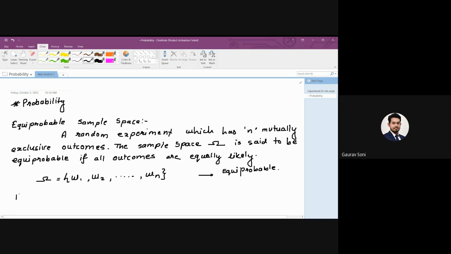Then the probability of omega 1 is equal to the probability of omega 2 is equal to the probability of omega n is equal to... what will be the probability?